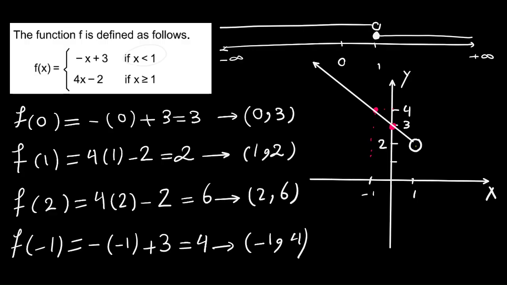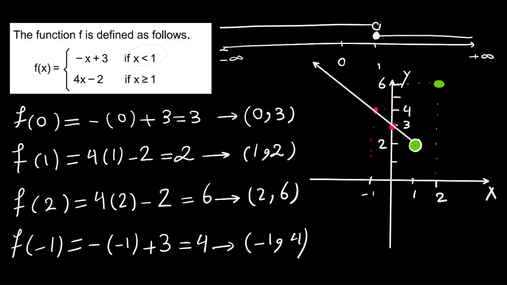First 1 and 2, which is here, and now I fill the hole because 1 and 2 is on the graph of the function right now. And another point is 2 and 6. This is 2 and here is 6. So I have this point.